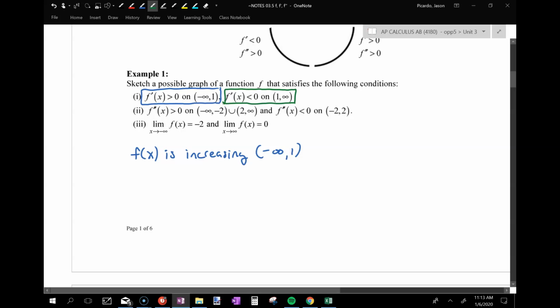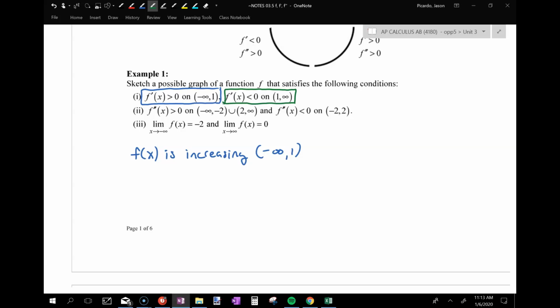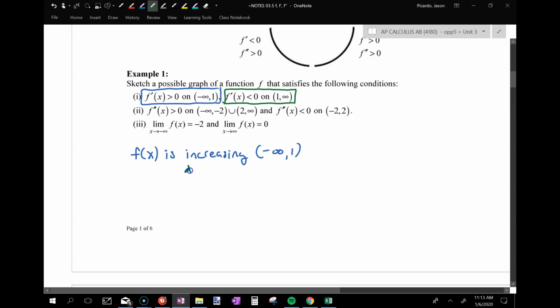Second fact, f prime of x is less than 0 on that interval. Translate in English. F of x is decreasing from 1 to infinity. Is there anything that I can say based on these 2 facts? One is a maximum. Now, why is 1 a maximum?